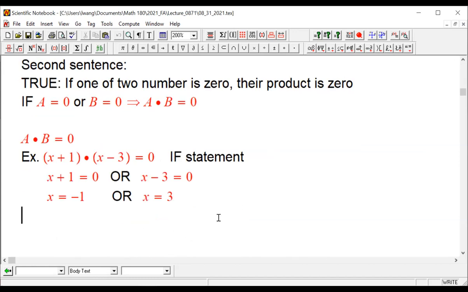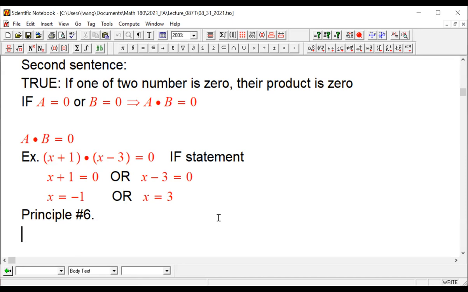And next, principle number 6. What does principle number 6 say? That's the last principle.